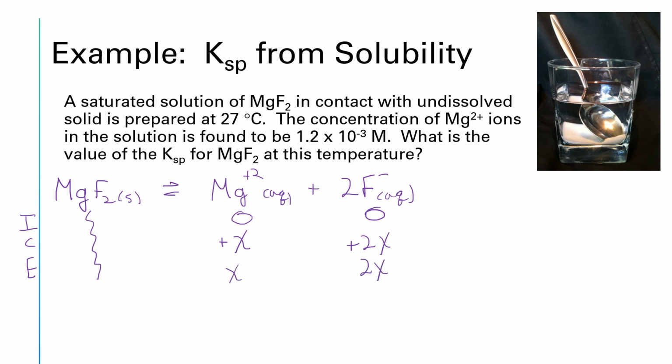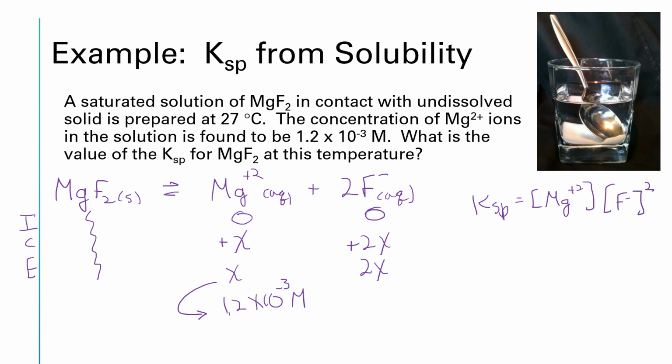But here's the kicker. We already know what x is because it told us that the concentration of magnesium ions is 1.2 times 10 to the negative third molar. So when we look at our KSP expression, that's going to be equal to magnesium ions times fluoride ions squared.